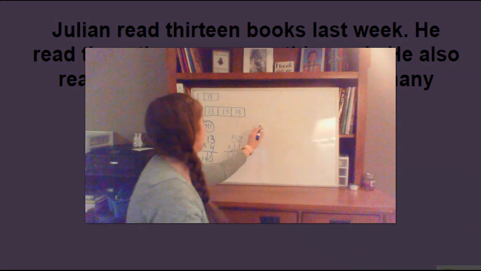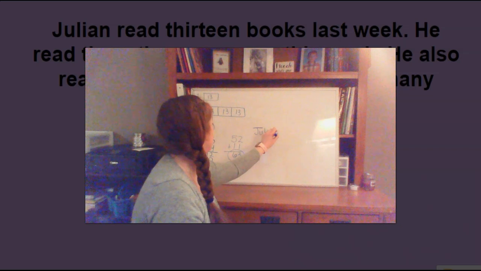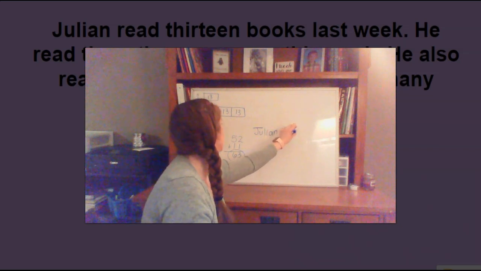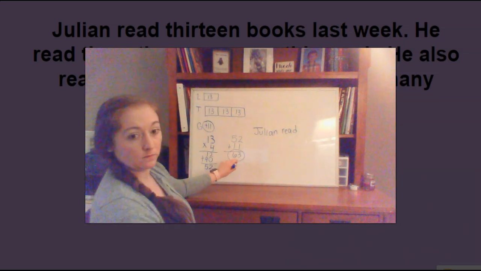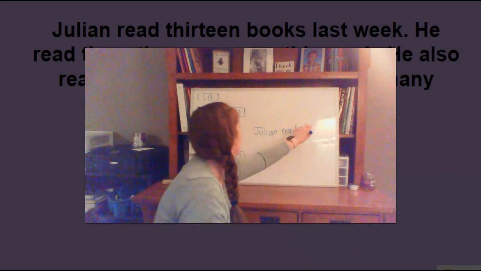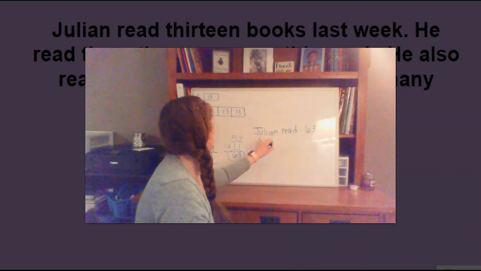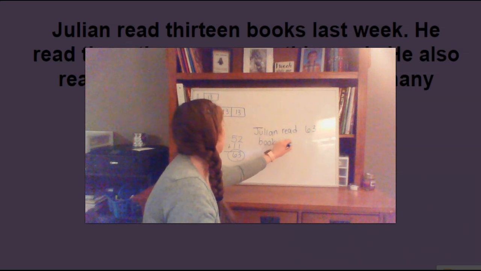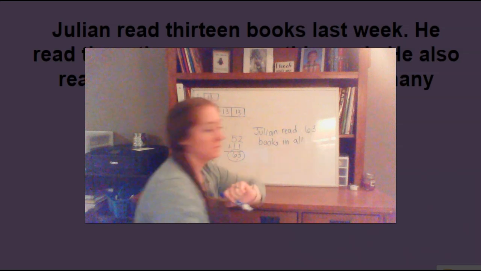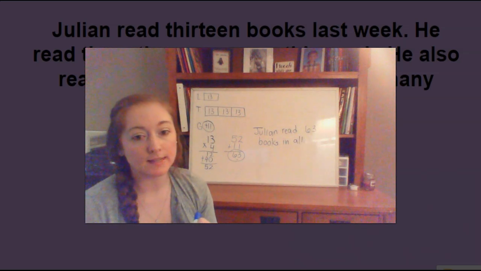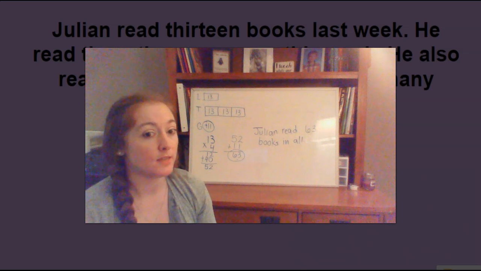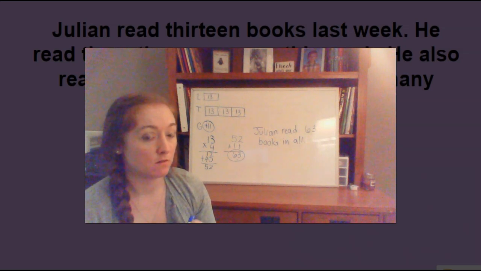We're going to write, Julian read 63 books in all. Okay, remember it's important to put it into a sentence because sometimes when we go to do this step, it makes us realize that something might have been wrong and we were calculating the wrong numbers. Okay, so we've done it all. Now let's look at problem number 2.